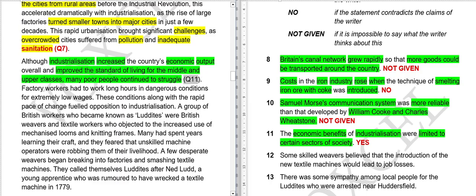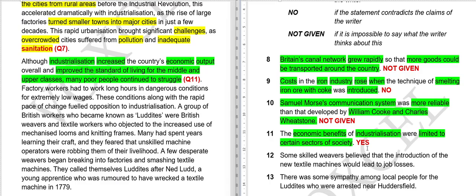Because they were being deprived of these benefits, we can say only certain sectors, sectors meaning plural, so there are two sectors, middle and upper classes, were benefited. So we will say not all people were benefited, so the answer to this should be yes.